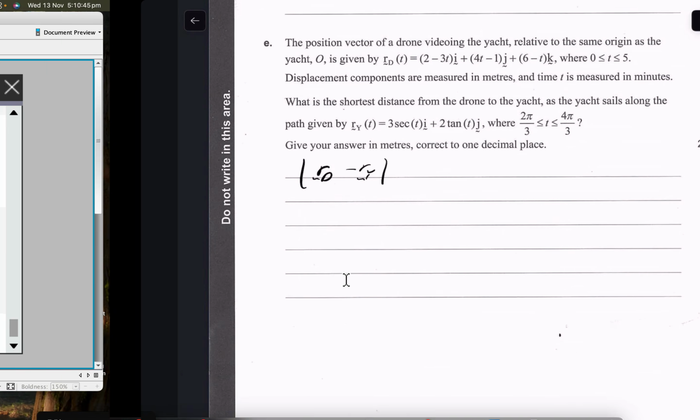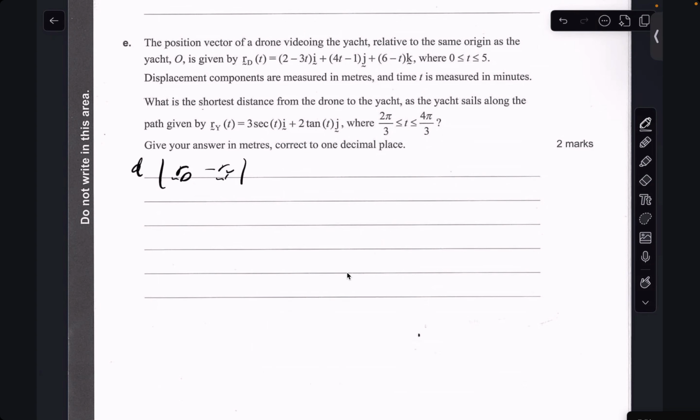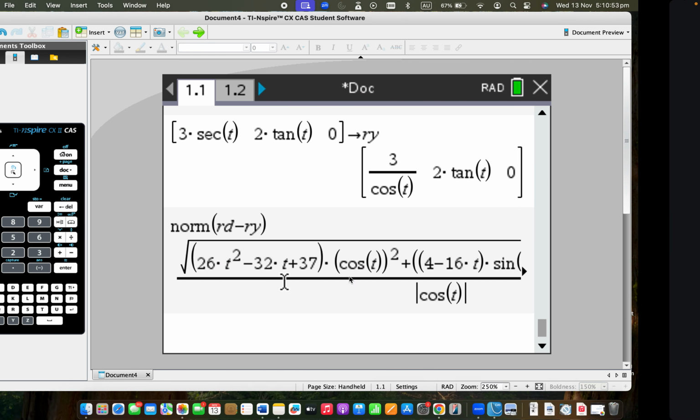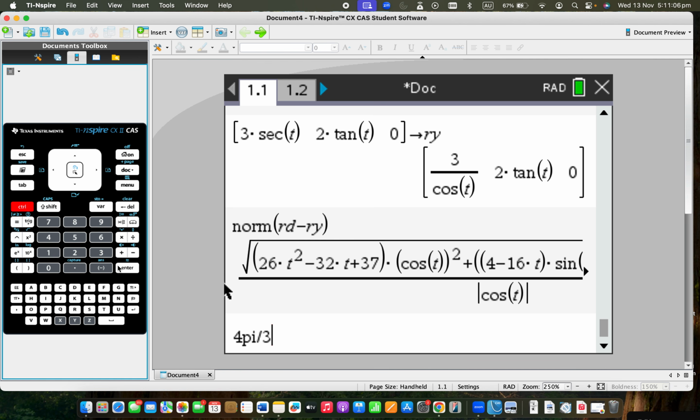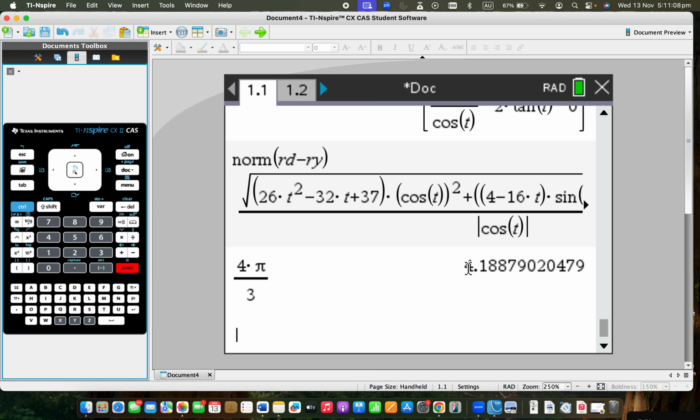I'm just going to write in my working out d over dt of rd minus ry is equal to 0. So here, what's the intersection between the two domains? So what's 4 pi over 3? 4.188. So I think we go from 2 pi over 3 to 4 pi over 3, because the other one is 0 to 5.